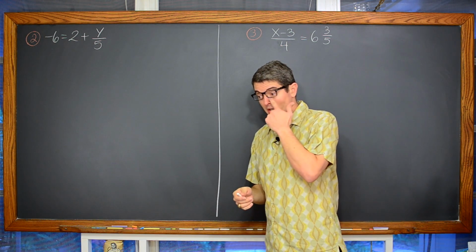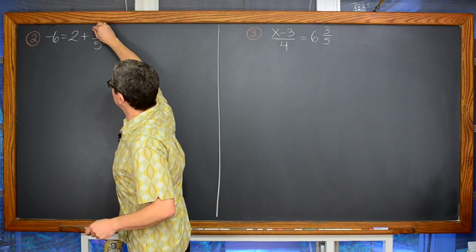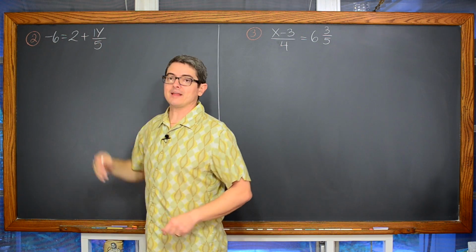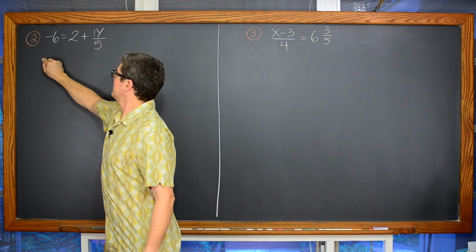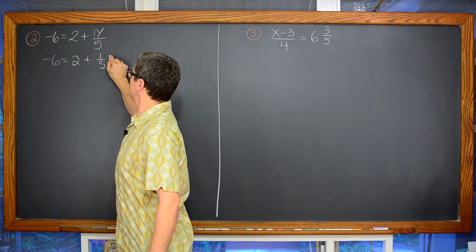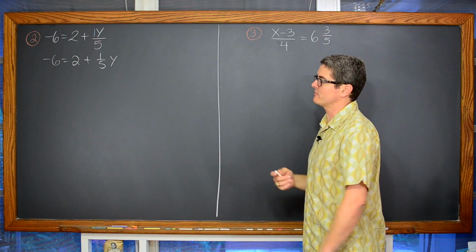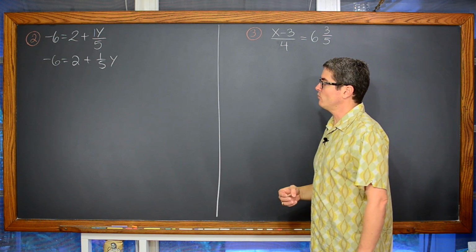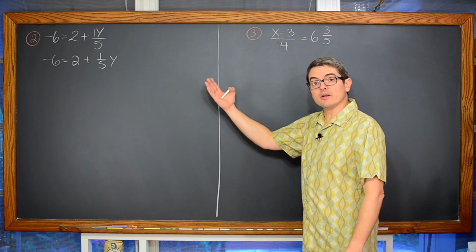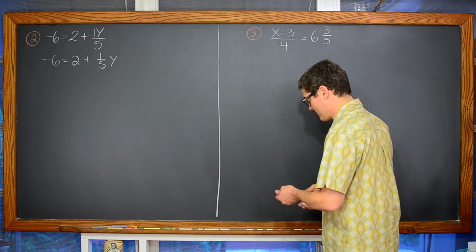If you find it helpful, you could remember that this y has a coefficient of 1, and pull the 1/5 out in front of the y, and get negative 6 is equal to 2 plus 1 over 5 y. Whatever you like. Those are both equivalent equations, they just look a little bit different. Pick whichever you like best and feel most comfortable with.